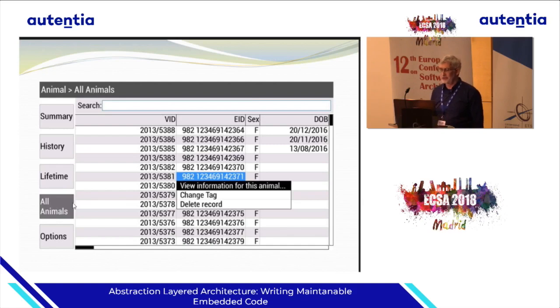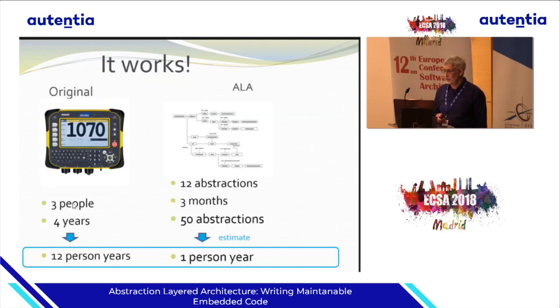It's actually quite an interesting sub-story about how the student learned how to do this and learned the constraints and the observations about how he saw it all. But in the end, what happened was that we have this comparison here. The original team who wrote the original code for this were 3 people, 4 years, so 12 person years.